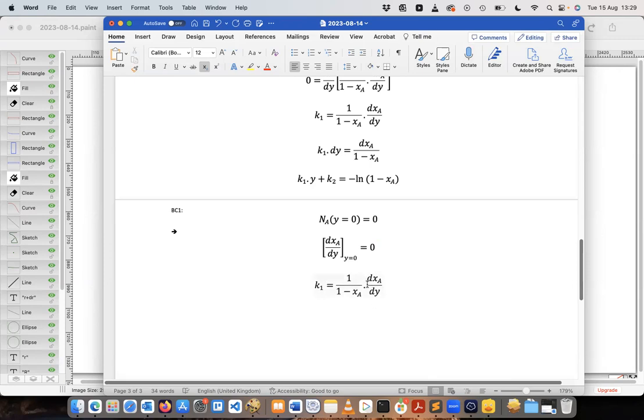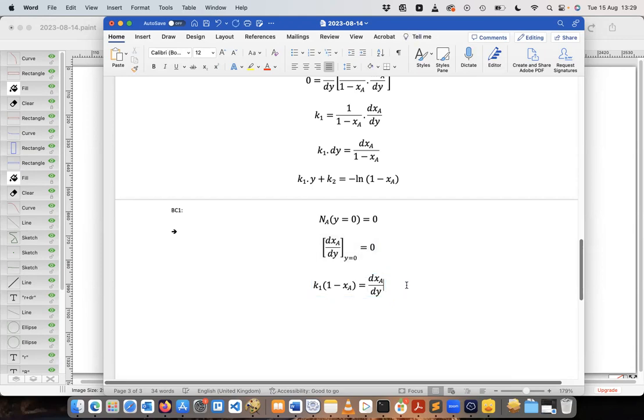Now we've taken our first integral, and what we'll do here is multiply both sides by 1 minus xa. So just copying this, Control X. And we can say here, at y equals 0, dxa dy equals 0.